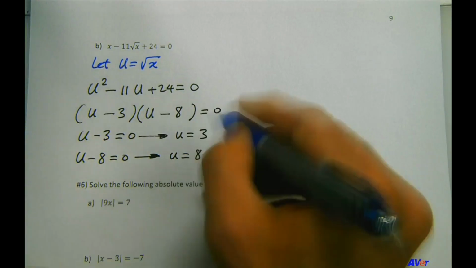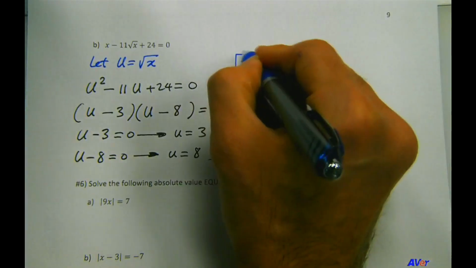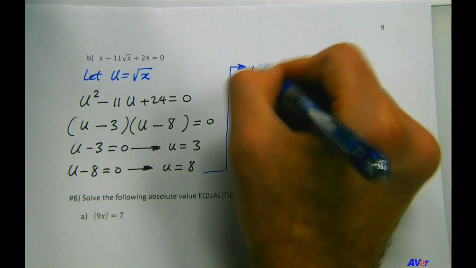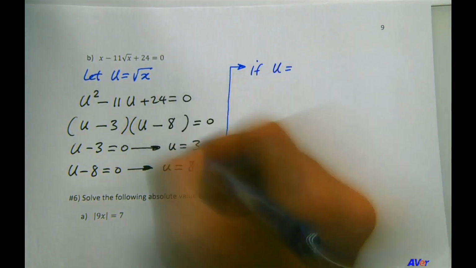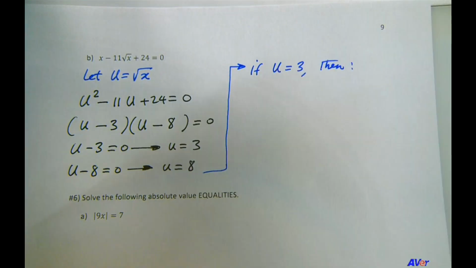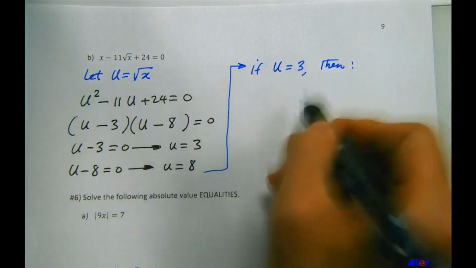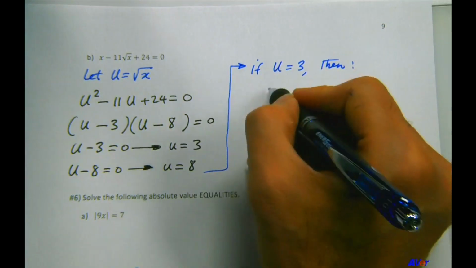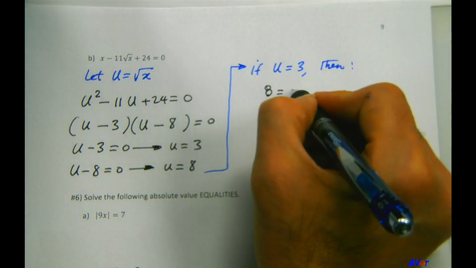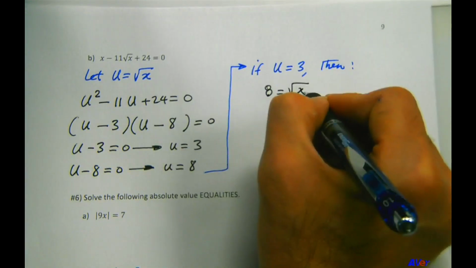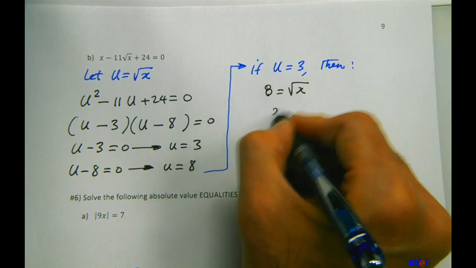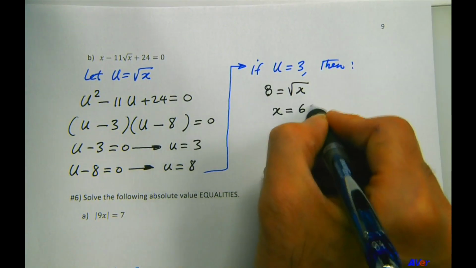So if u is equal to 8, then let's substitute in this equation, we have 8 equals square root of x. That means to solve for x, square both sides. So x is equal to 64.